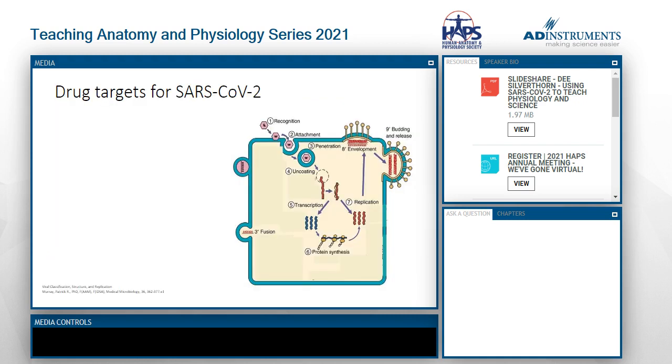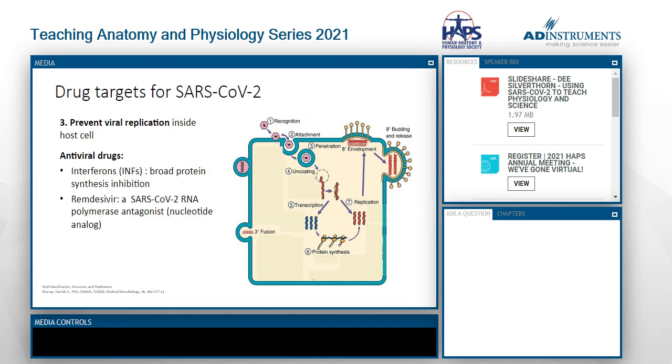I also give the students this figure, which is sort of a generic figure showing different ways that viruses get into and out of cells. And so now let's think about what we might do. It's in the cell. How could we possibly prevent it from reproducing? And so this turns out to be where most of the antiviral drugs are working.